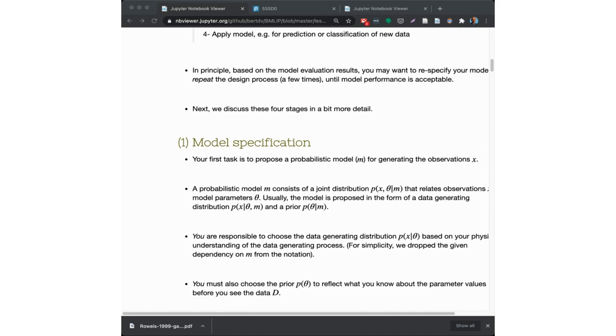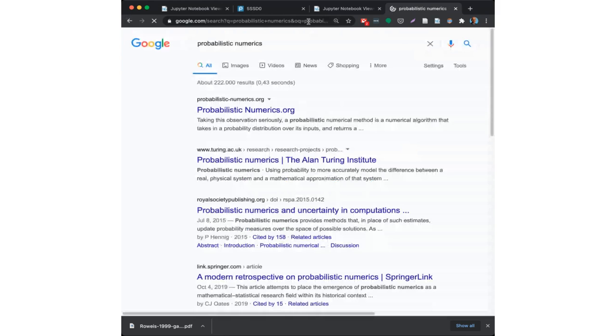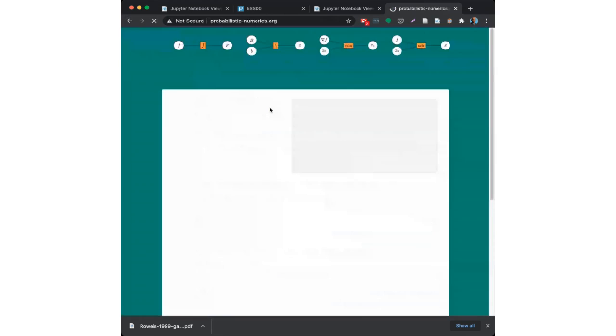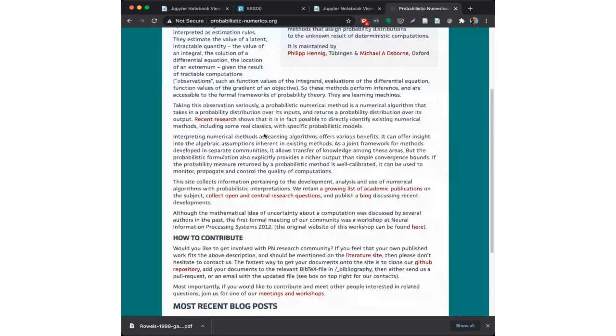There is some work going on in this. They call it probabilistic numerics. Let me see if I can find it. So here, this deals with what you are talking about.